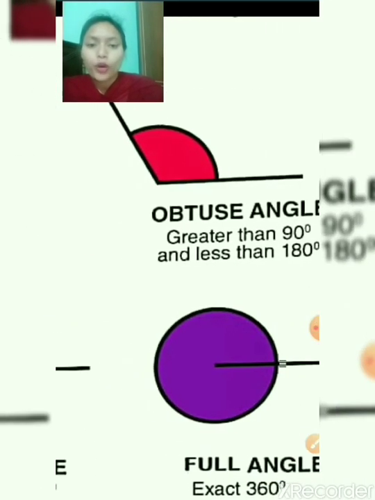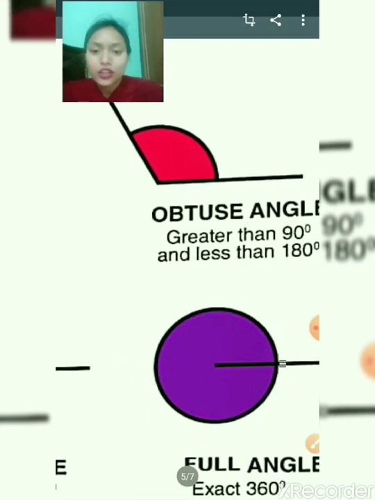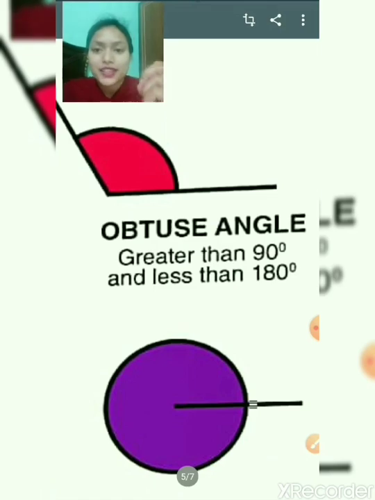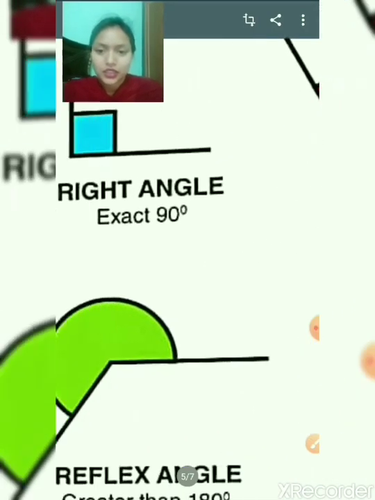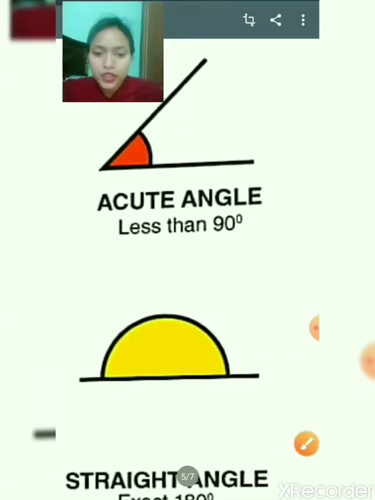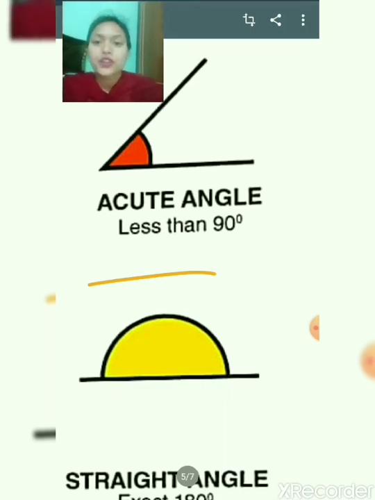Now obtuse angle, an angle whose measure is greater than 90 degree and smaller than 180 degree, that is called an obtuse angle. Straight angle, straight means straight line. So angle whose measure is 180 degree, that angle is called straight angle.